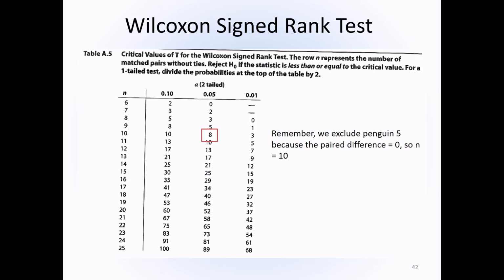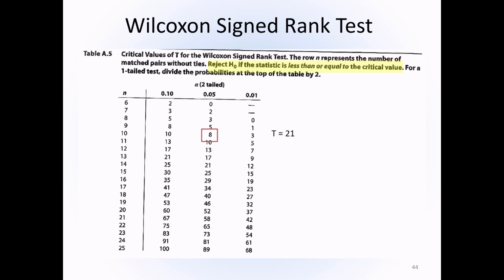So our sample size for this particular test is 10. And something very important for this particular test is that our criteria for rejecting the null hypothesis is different than all previous tests to this point. In order to reject the null hypothesis, the test statistic has to be less than or equal to this critical value. In all the other tests, our test value had to be greater than our critical value, but this is different, and it's a key difference here.